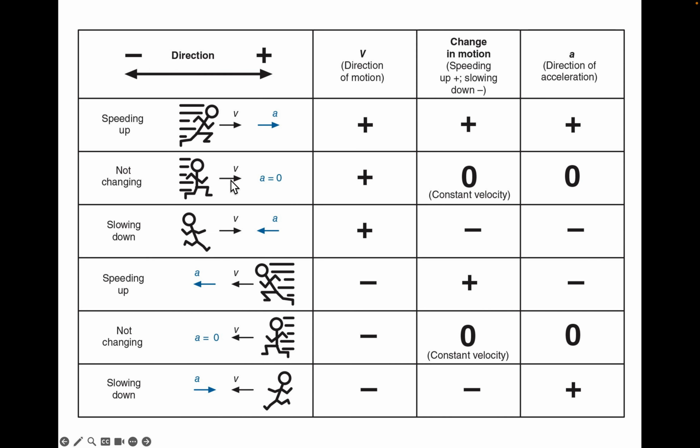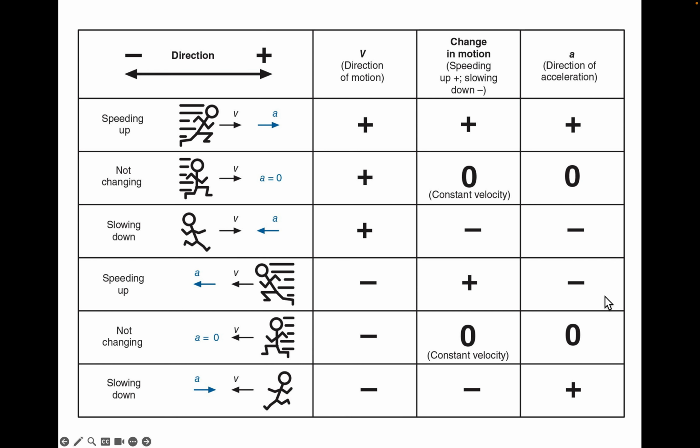If I'm maintaining my same velocity, acceleration will be 0 because I'm not speeding up or slowing down. However, when I'm slowing down, my acceleration is moving in the left direction, so it would be negative, going the opposite direction.